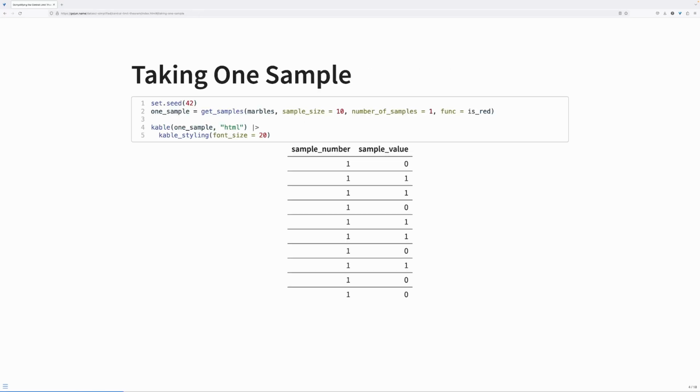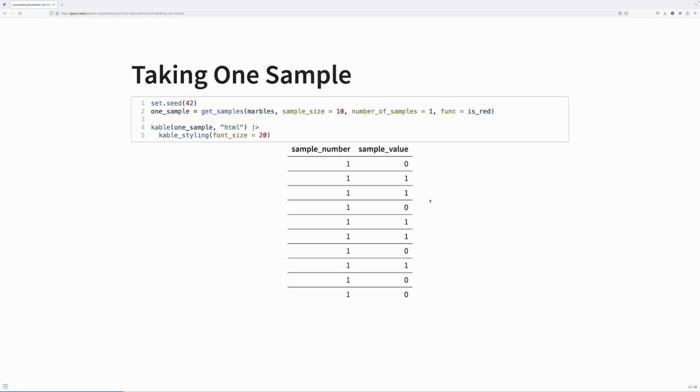Let's put our sampling function to work. Here is the sample we get if we set the sample size to 10 and we draw once. We have two columns: one is sample number and the other one is sample value. The one in the sample number means that this is our very first sample. The one in the sample value means this is a red marble, and 0 means a blue one.